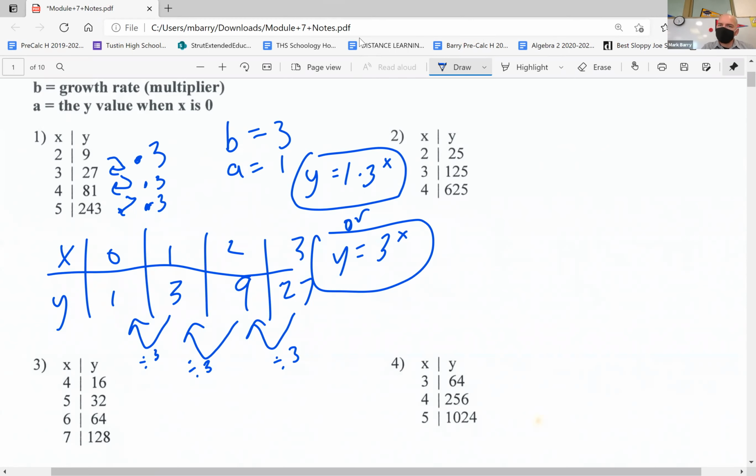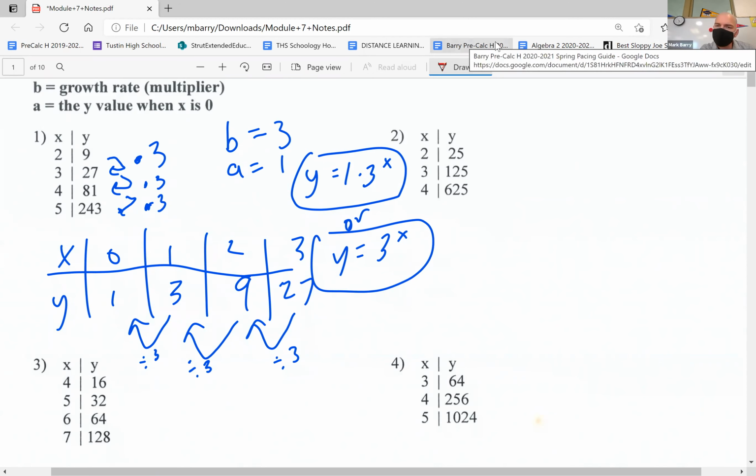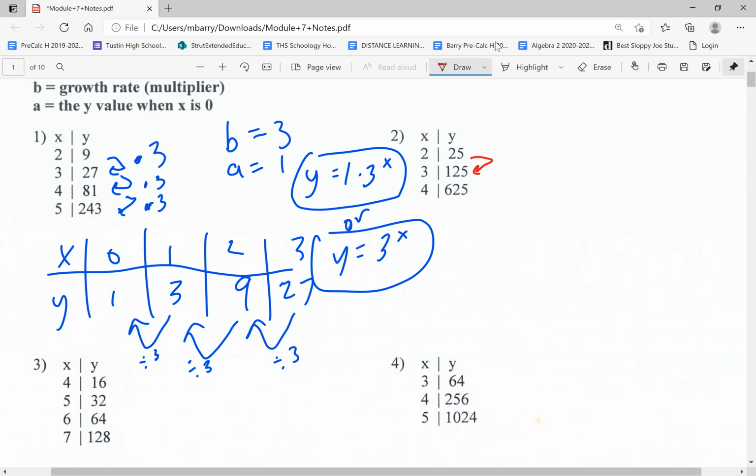Okay, let's try our next one. So what do I have to multiply to go from 25 to 125? 5. Yeah, this one is times 5. So then I know b is 5.